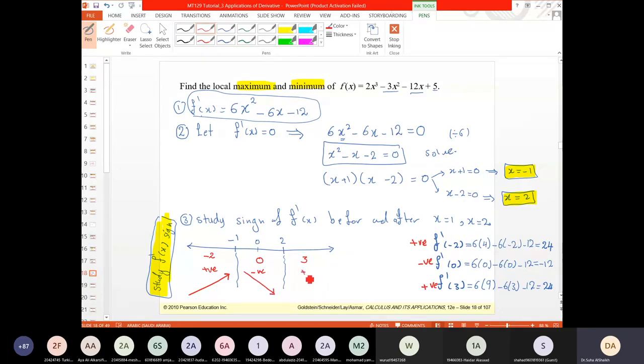At 3 it is positive, which means it is increasing. So now I know the function from -infinity to -1 is increasing, from 2 to infinity it is increasing. When is it decreasing? Decreasing between -1 and 2.